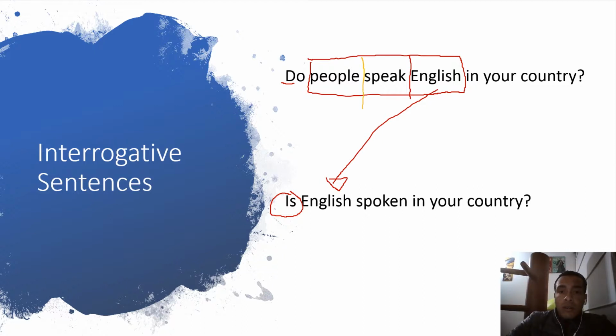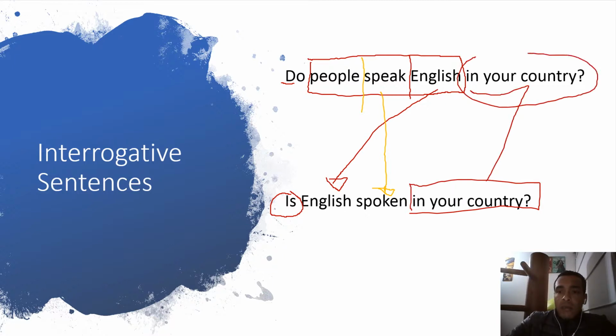So we got here spoken. And additional information, so in your country, here, then here. This is additional information. And now the passive point, now verb to be at the beginning, unless you are using a WH question.